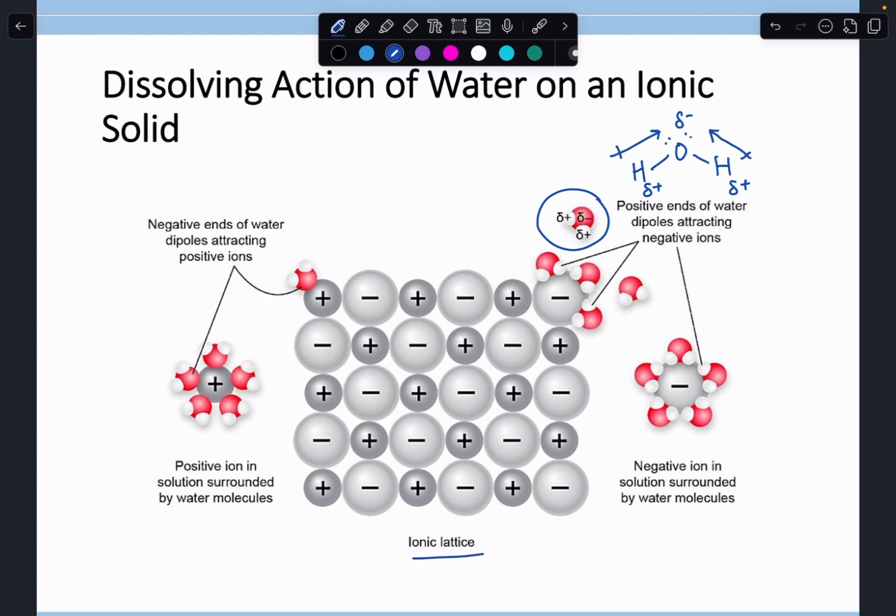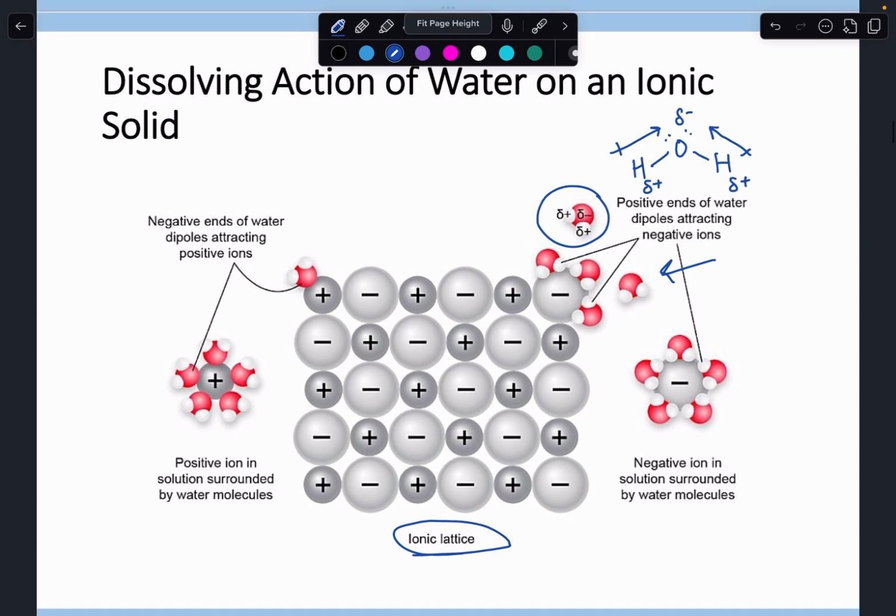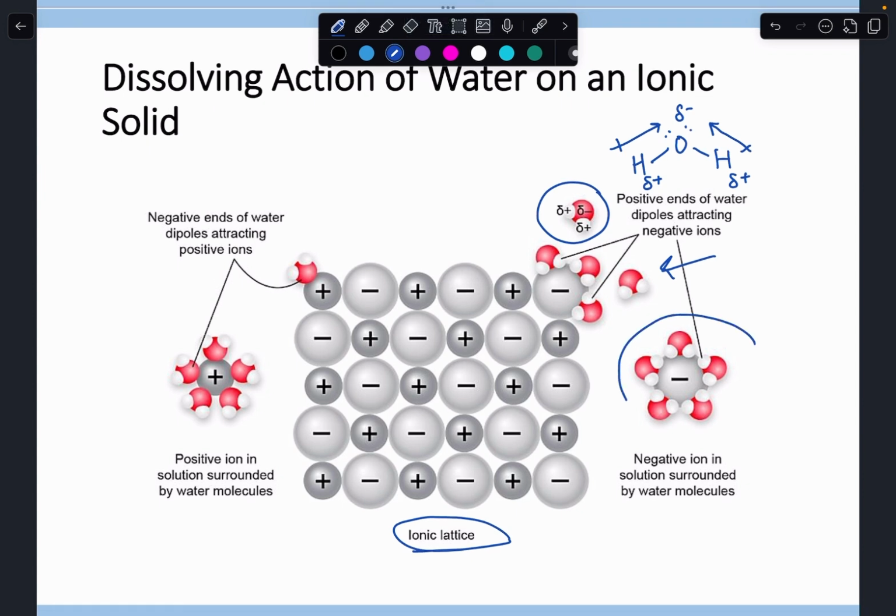So when an ionic lattice is added to water, the water hydrogens, partial positive hydrogens, are attracted to the anions, the negatively charged ions in the lattice. So they begin to surround the lattice. That's what is being shown over here. They begin to surround the anion, and then eventually the negative ion is surrounded by water molecules.